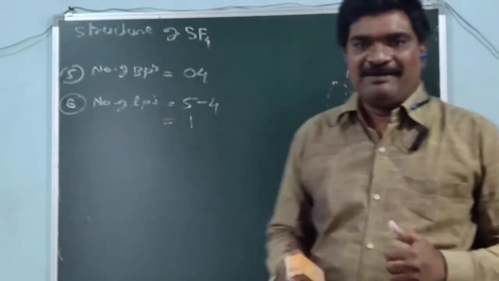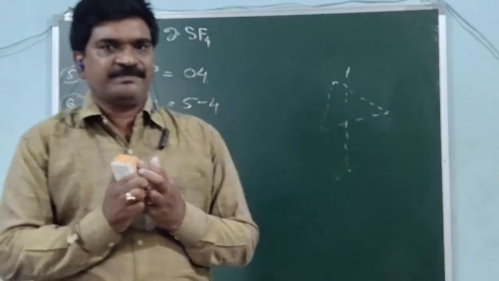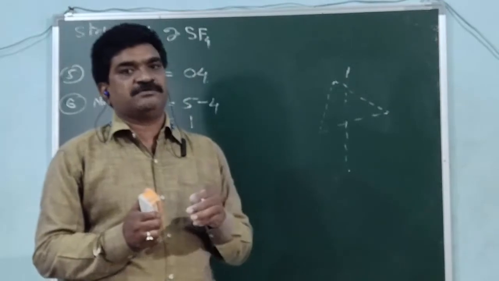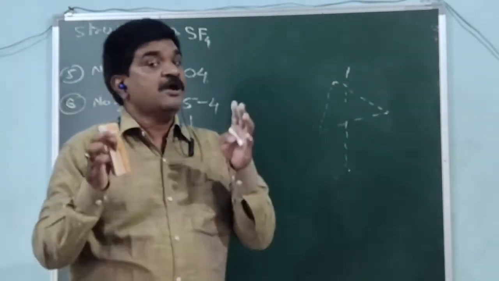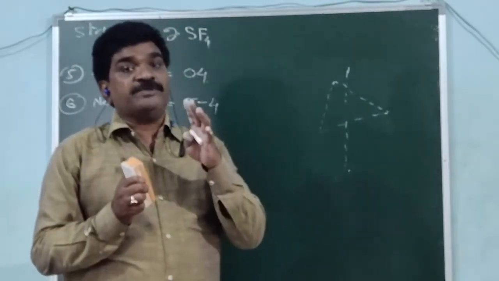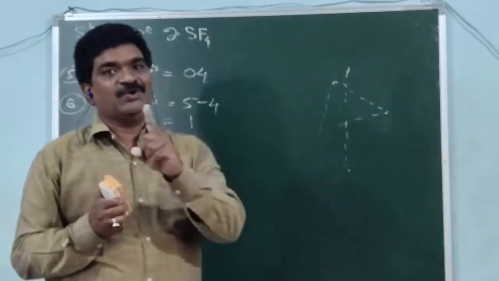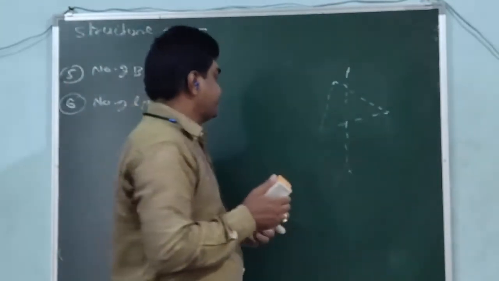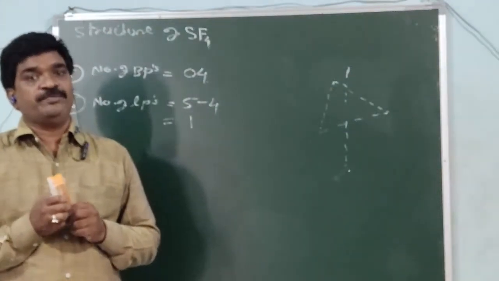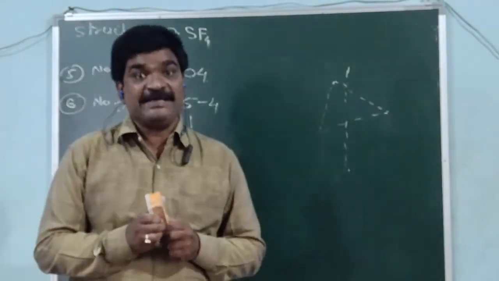Now it is clear that in the case of the SF4 molecule, there are 5 electron pairs around the sulfur. Out of these 5 electron pairs, there are 4 bond pairs and 1 lone pair. Okay, now we know that in the case of TBP arrangement, the lone pair should be placed at the equatorial position but not at the axial position.